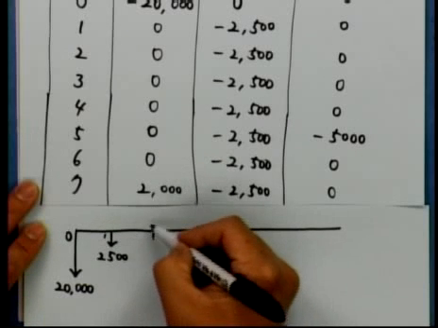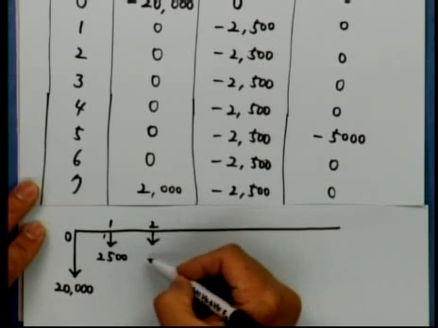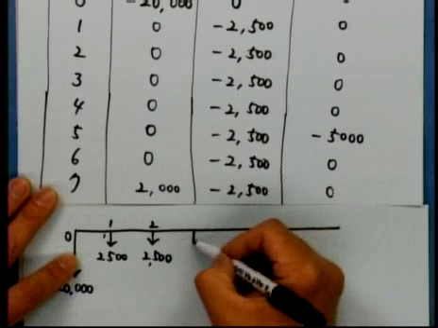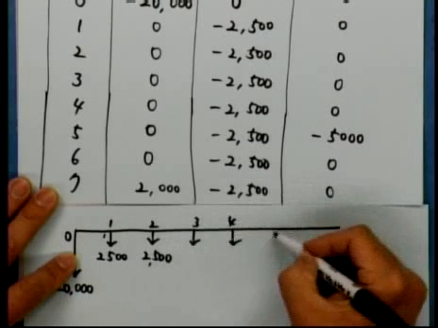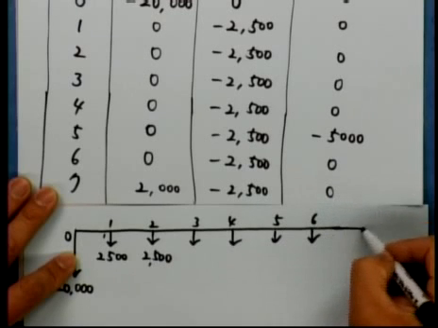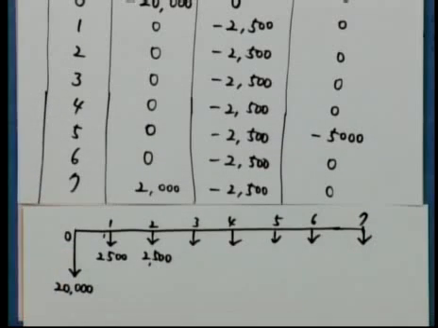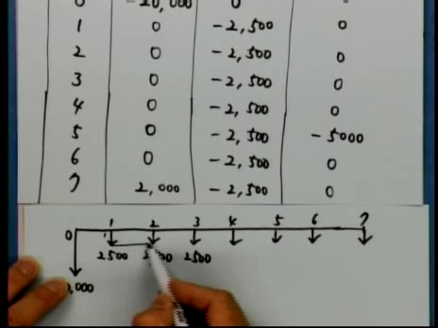One, let's say 2. And then 2,500 each year, 3, 4, 5, 6, and then 7. Okay, so you need 2,500 each.